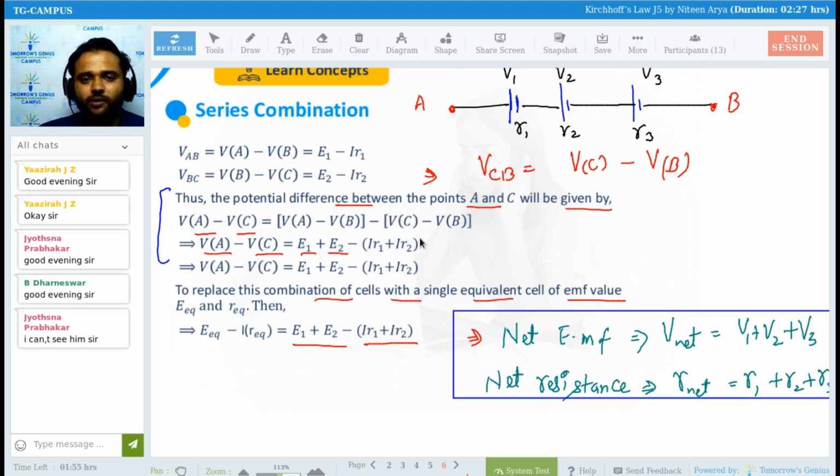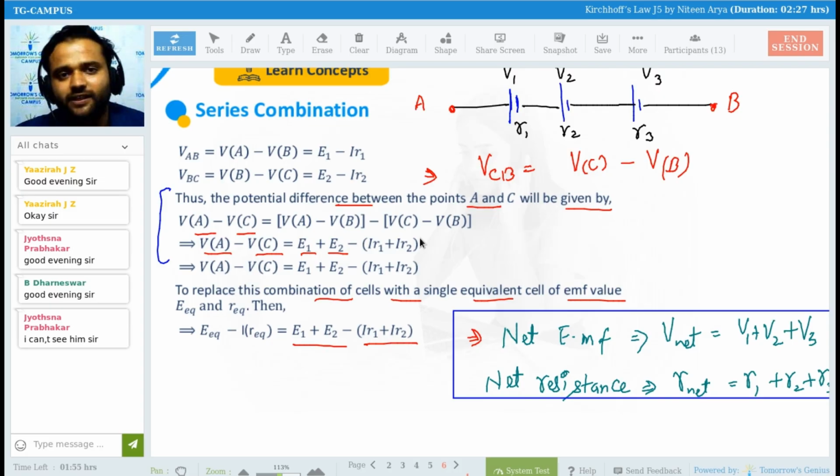In series combination, the way we understood till now, the same method we are going to follow. If you are not understanding this VA minus VC, VA minus VB, which is VC minus VB, it's not a big thing. The main thing is this. Clear everyone?